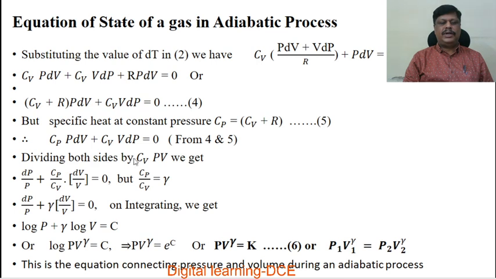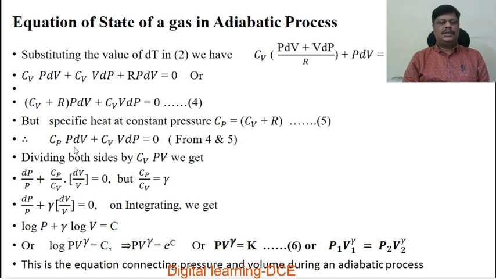Dividing both sides by CV into PV, on dividing this, CV and PV get cancelled, and CV and V get cancelled.